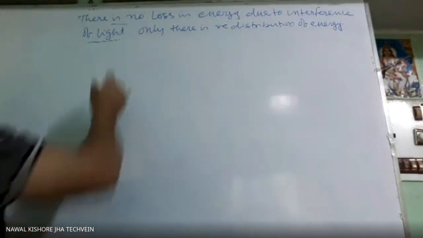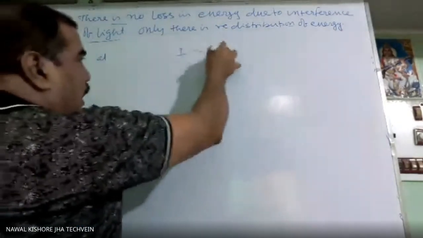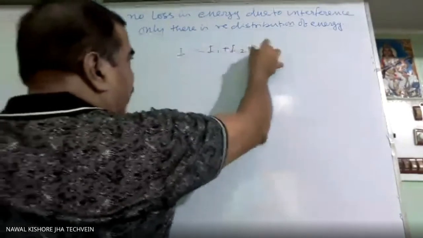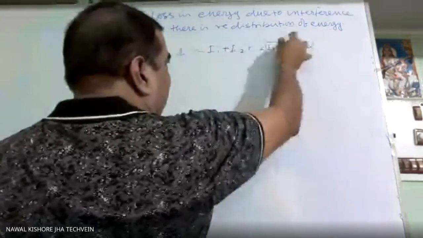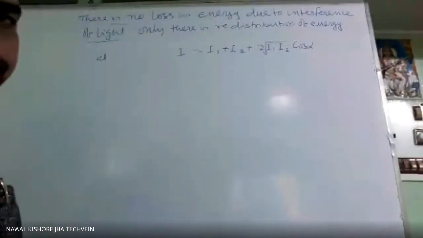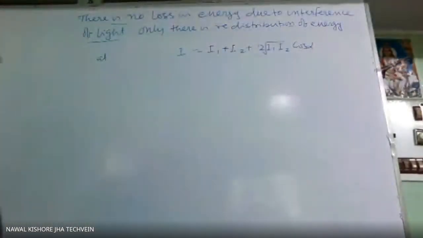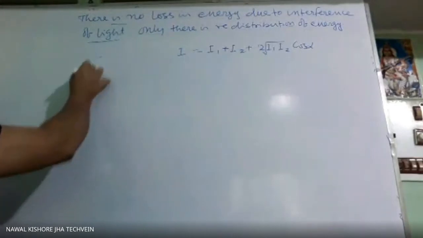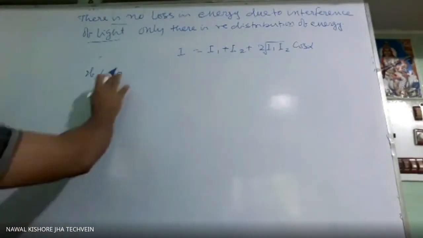How can we show it? We have got the relation: I is I1 plus I2 plus twice under root I1 I2 cos alpha. This was the relation. So the intensity will depend only on alpha. If alpha is 0, 2 pi, 4 pi, like that, what will come?